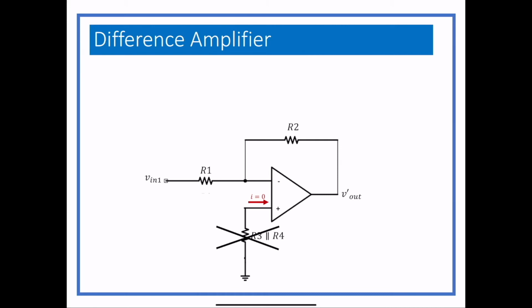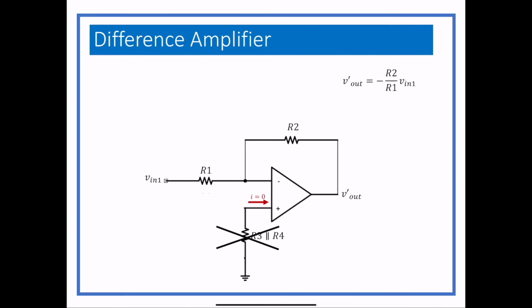So for circuit analysis purposes today, we don't need R3 and R4 when we're figuring out the effects of Vn1. And what we have with Vn1 is, again, just an inverting amp. So we know what Vout prime is going to be: minus R2 over R1 times Vn1. So that's half the problem. That's the easy half. The other half is a little more complicated, but not terrible.